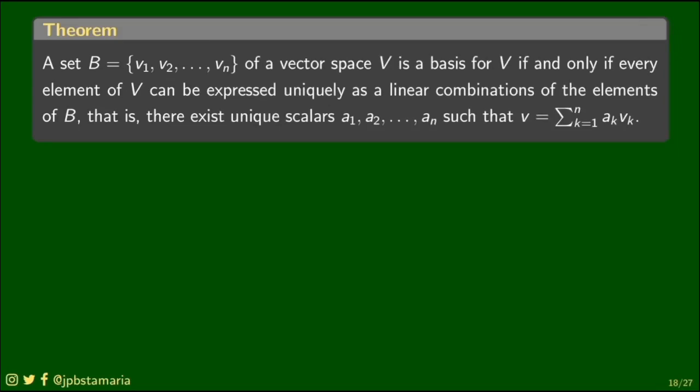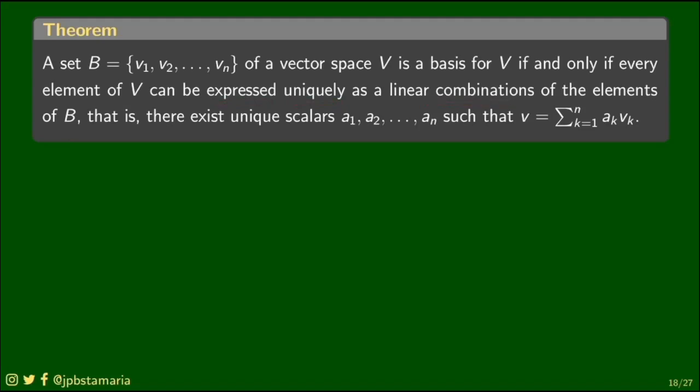Let's start with the following result. If you get a set B of vectors in the space V, this set B is a basis for V if and only if, so this is an if and only if statement, every element of V can be expressed uniquely as a linear combination of the elements of B.